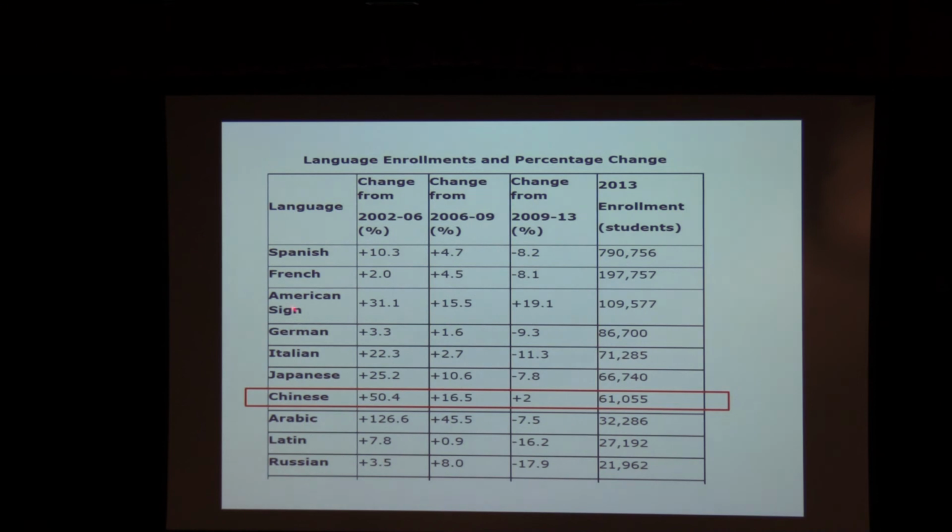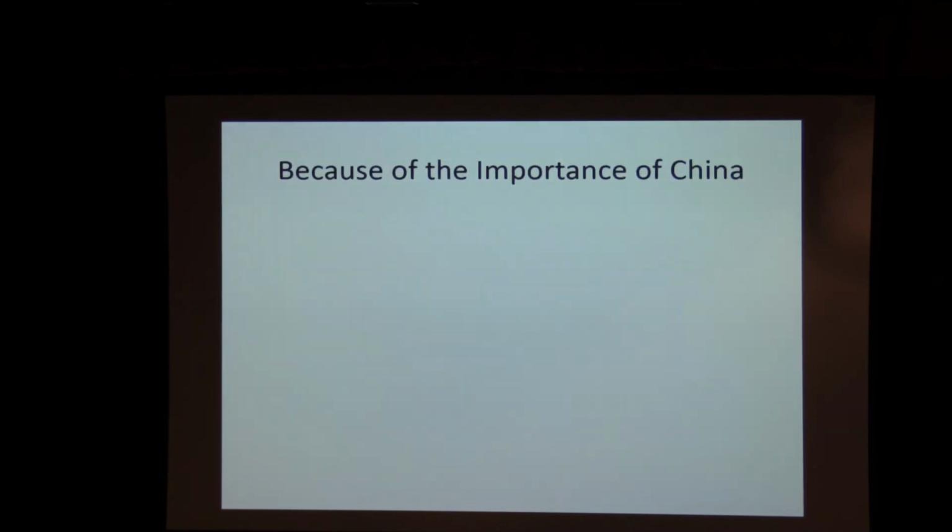The overall pattern is very similar to the numbers from 1998 all the way to 2013. So Chinese still has a lot of catching up to do, at least in the area of college level foreign language enrollment programs.